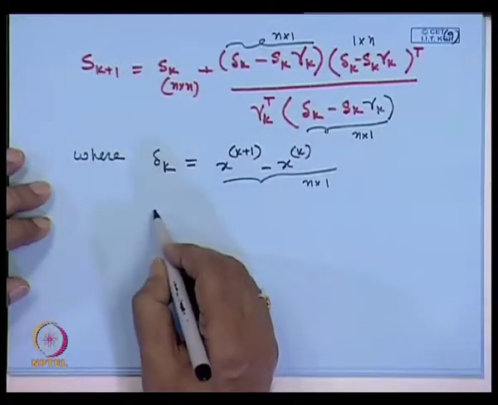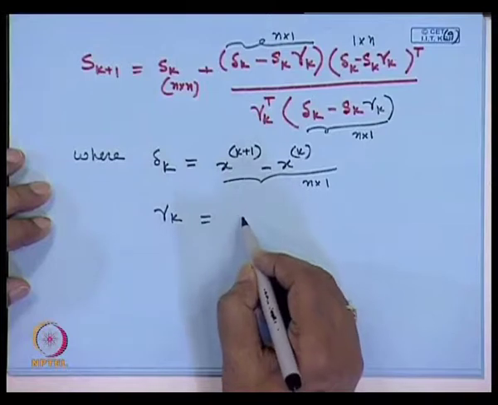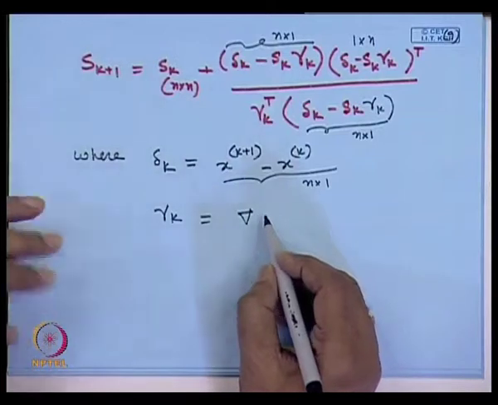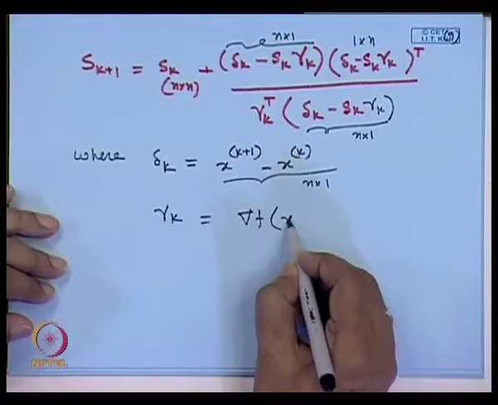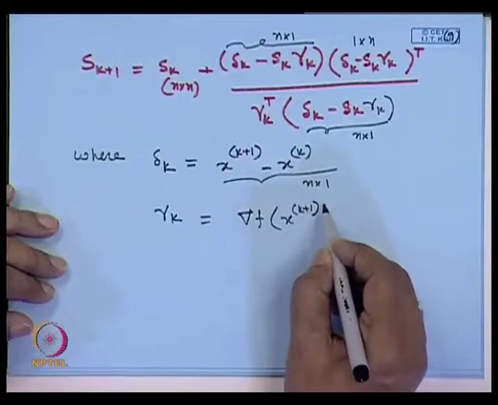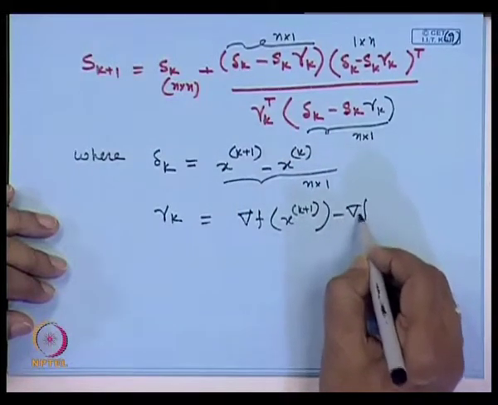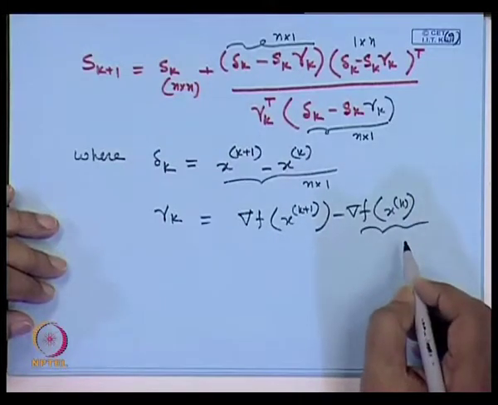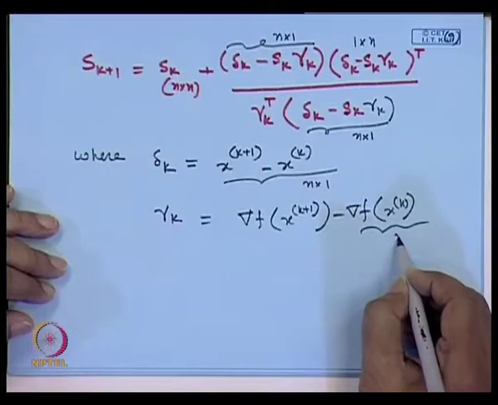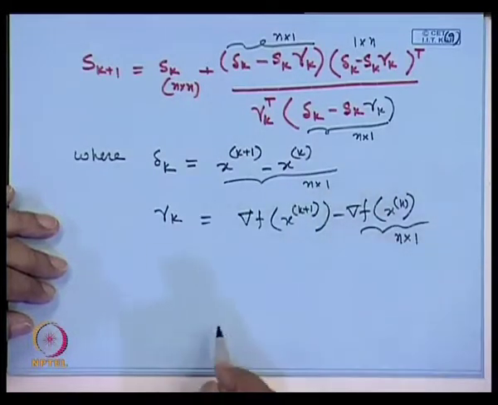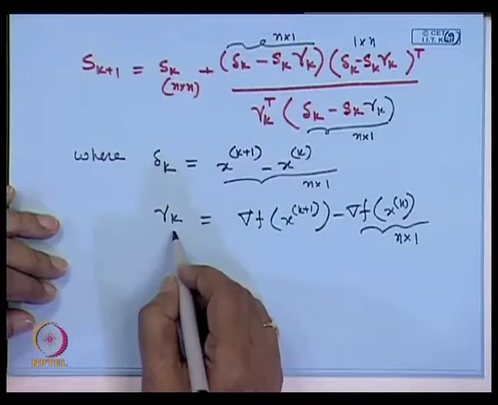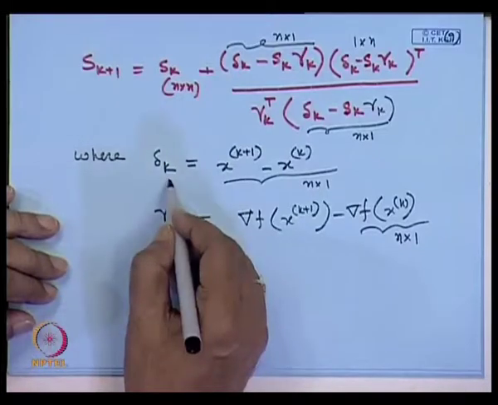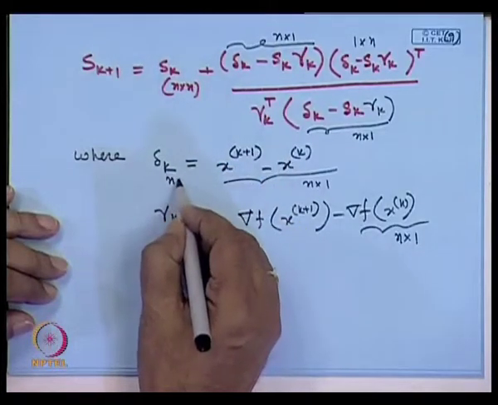Gamma k is nothing but the difference in gradient value at 2 successive iterations, so delta f x k plus 1 minus delta f x superscript k. We know already this dimension is n row, 1 column. Agree? So this gamma dimension is n row, 1 column, and this dimension is also n row, 1 column.